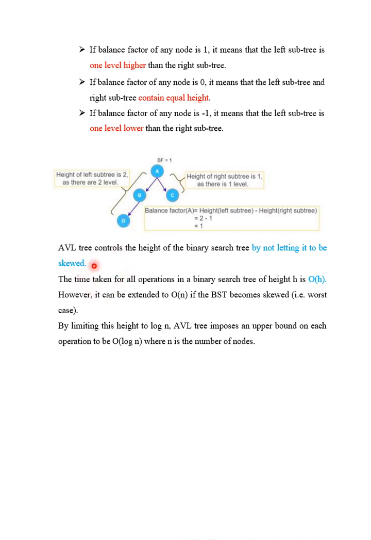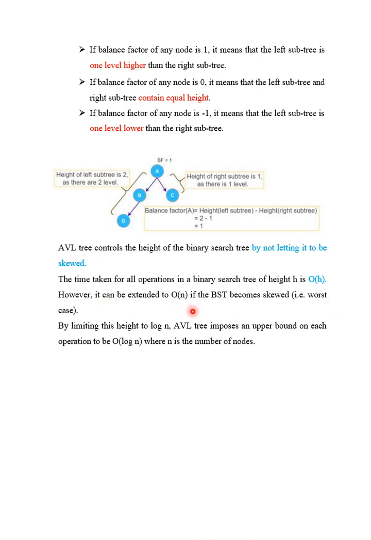So the AVL tree controls the height of the binary search tree by not letting it be skewed. That is, it won't give the worst case complexity of order of n. We'll do the rebalancing of the nodes. The time taken for all operations in a binary search tree of height h is order of h.